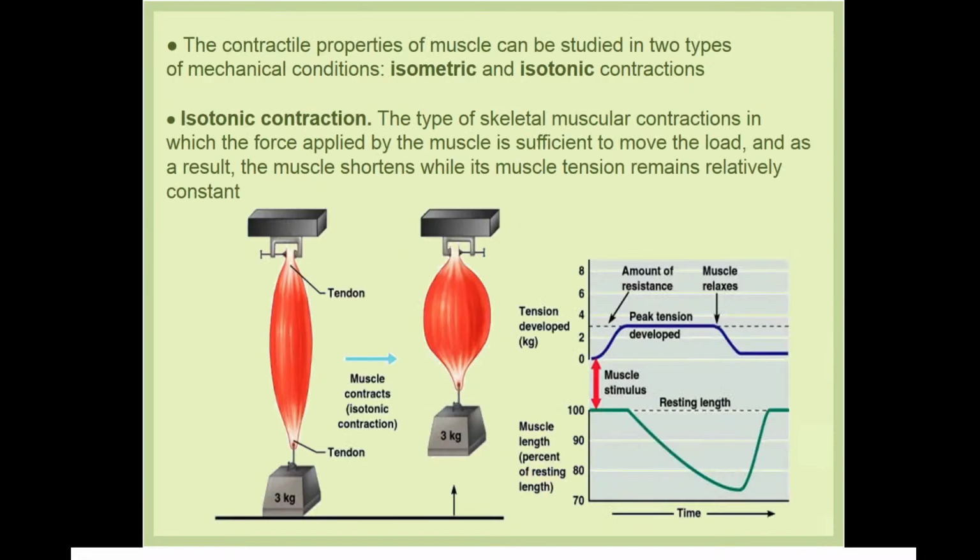The contractile properties of muscle can be studied under two types of mechanical condition: isometric and isotonic contraction. Isotonic contraction is the type of skeletal muscular contraction in which the force applied by the muscle is sufficient to move the load, and as a result the muscle shortens while its tension remains relatively constant.